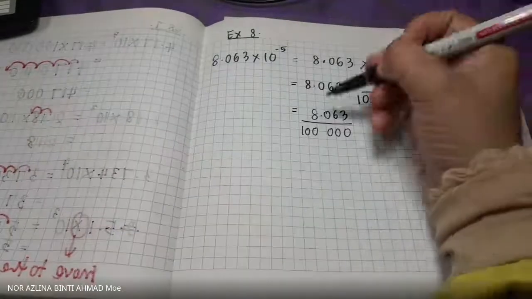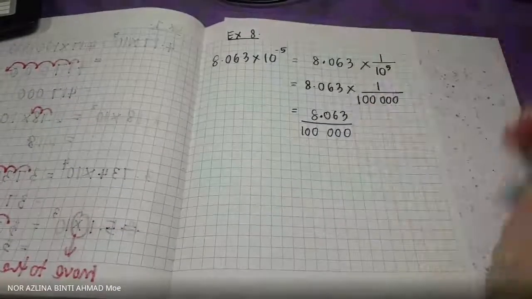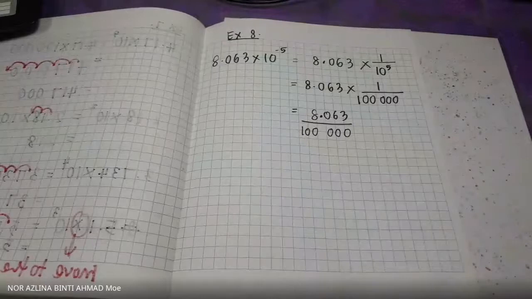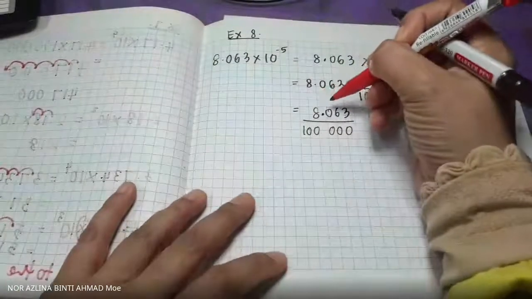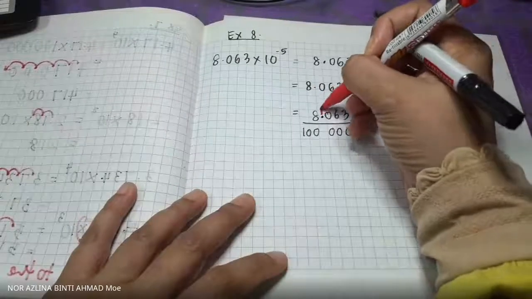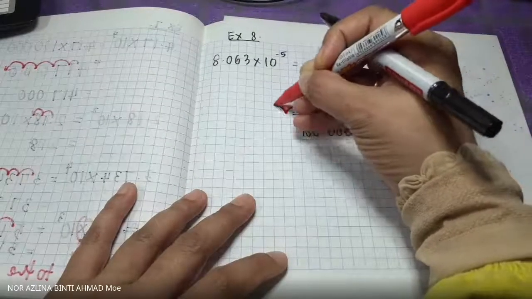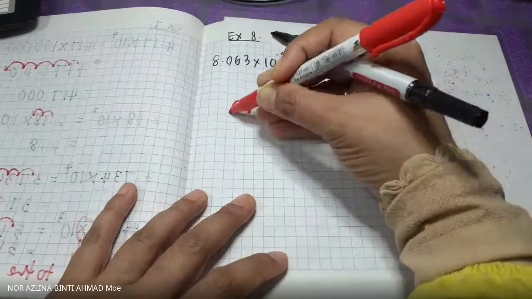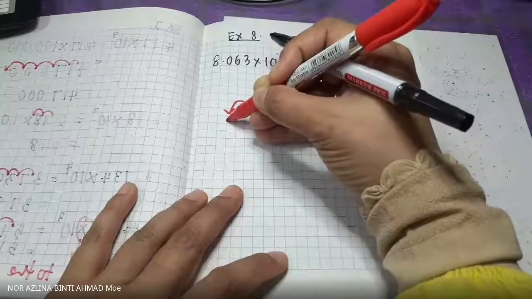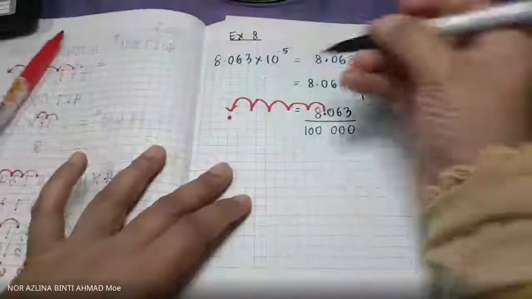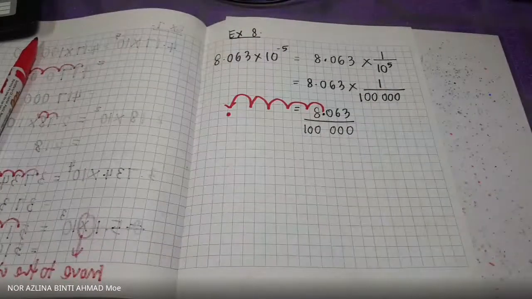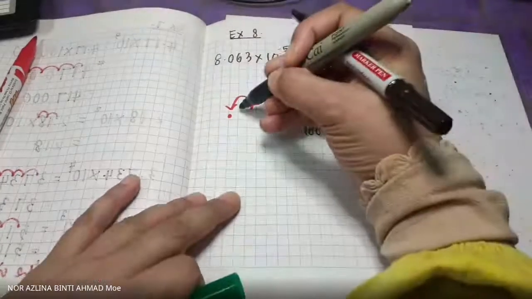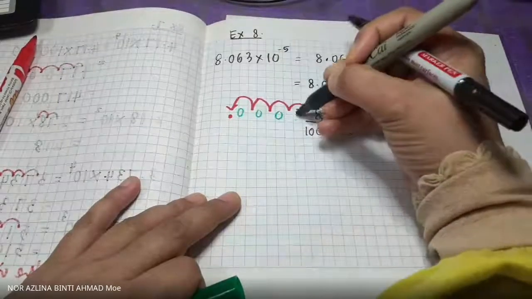When we divide, the decimal number will move to the left. 1, 2, 3, 4, 5. So the decimal number is here, and this becomes 0, 0, 0, 0, and here 0.